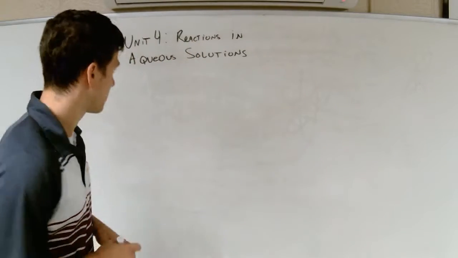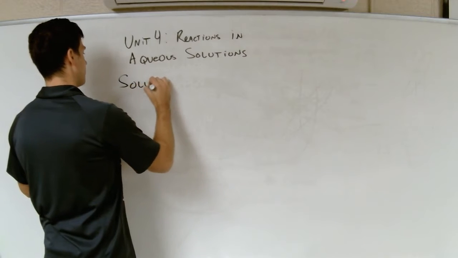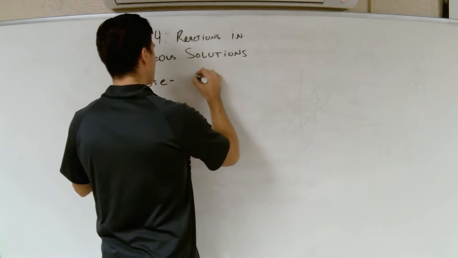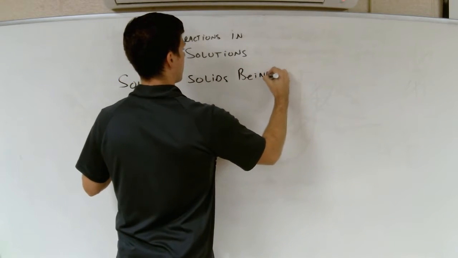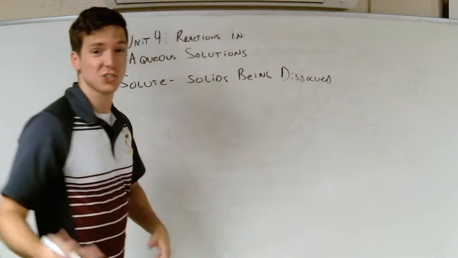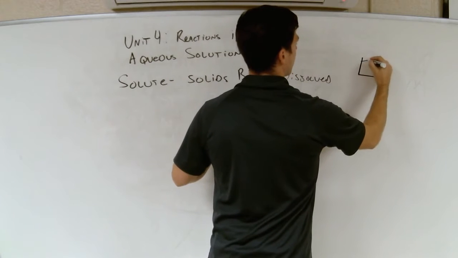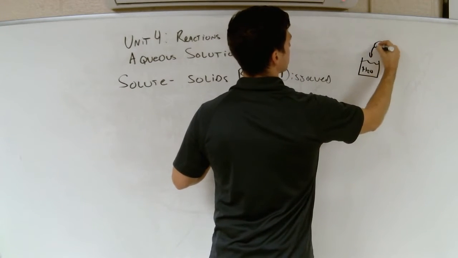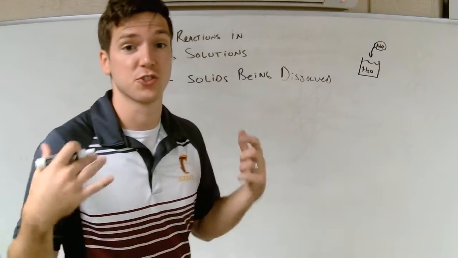So, these definitions, starting out, first of all, is solute, which is just your solid being dissolved. You guys might remember this from last year. It's your solid being dissolved as your solute. So if I've got a beaker of H2O and I'm putting some salt in there to be dissolved, that NaCl, that solid, is your solute.